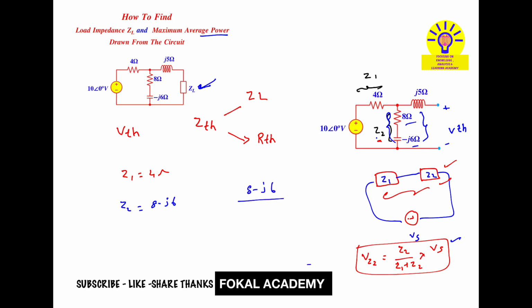Take the Z2 value, 8 minus j6, divided by the total impedance Z1 plus Z2. So 4 plus 8 is 12, 12 minus j6, times the total supply voltage, that is 10. It gives the voltage drop across this branch, so it is nothing but VTH. This is the process of finding VTH.